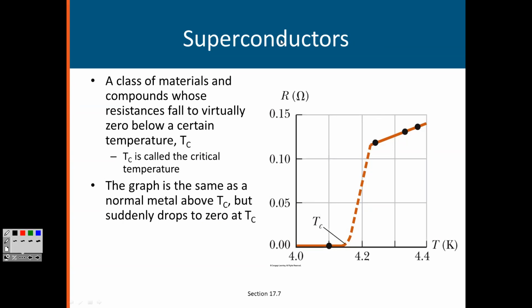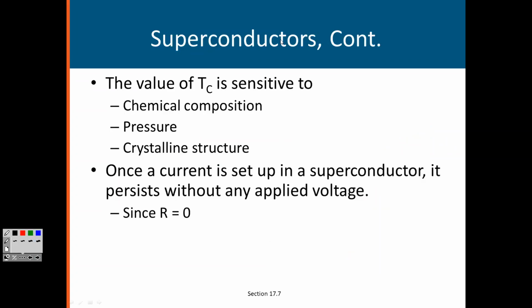Zero resistance. The temperature at which something becomes a superconductor is called the critical temperature. So we have this Tc to stand for the critical temperature at which a material becomes a superconductor. Now you see a graph here. This is for that particular mercury. The value of Tc is sensitive to the composition.